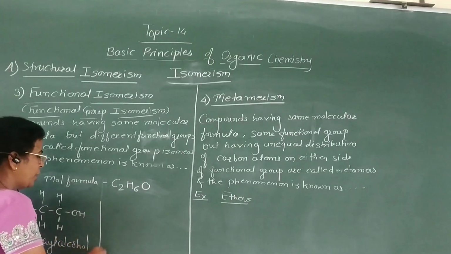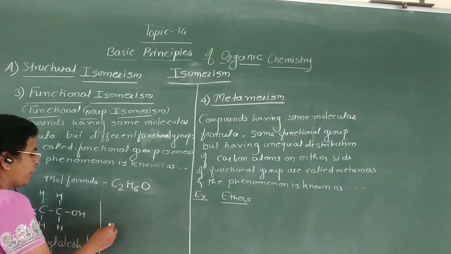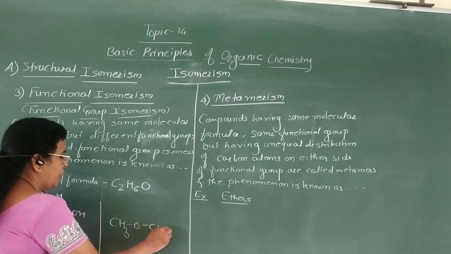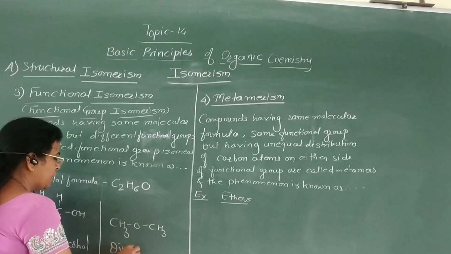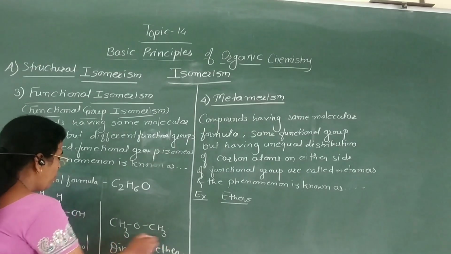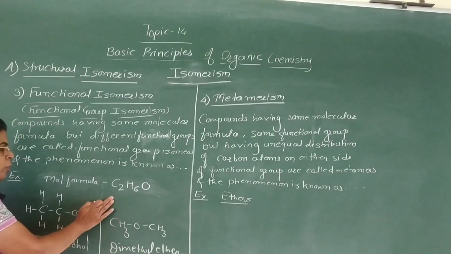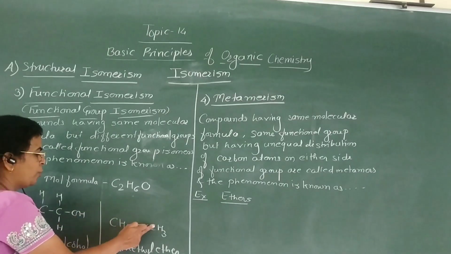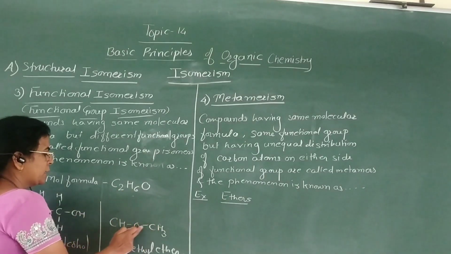The second isomer of this compound is CH3OCH3. It is dimethyl ether. Both these compounds have the same molecular formula, that is C2H6O. Look here, C2, H6 and O.